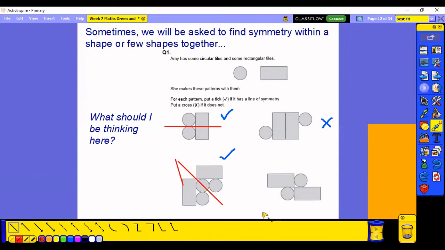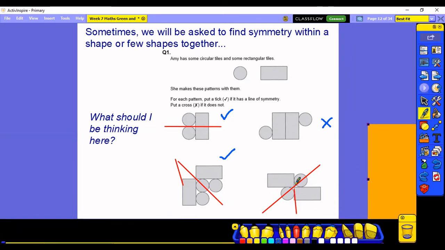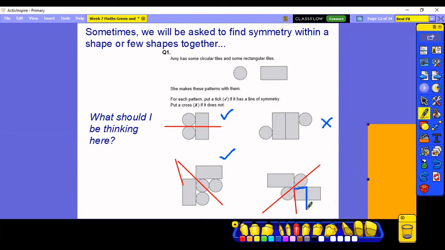If I try and go diagonally across, well, you can see this is all right, because they're both the same on both sides, but this shape here should be going away from me here. So I would be seeing, oh, I'm trying to draw it with a line, I would be seeing it going a little bit like that if I was doing a diagonal pattern. So that one is also not going to work.